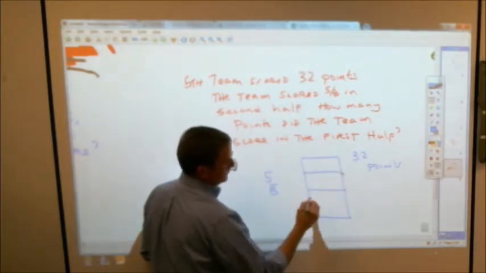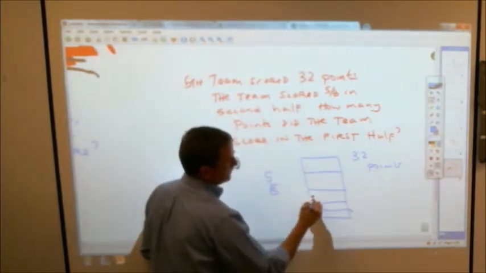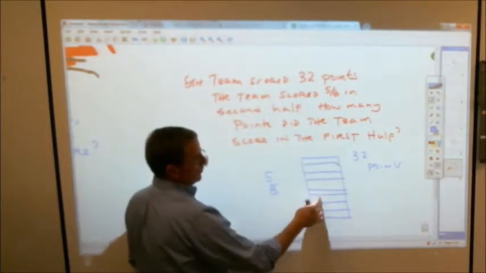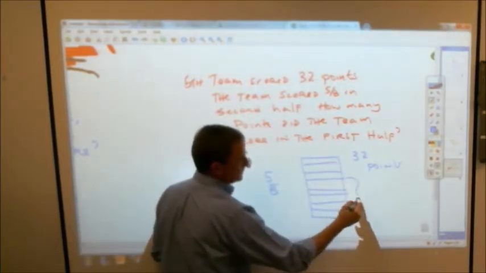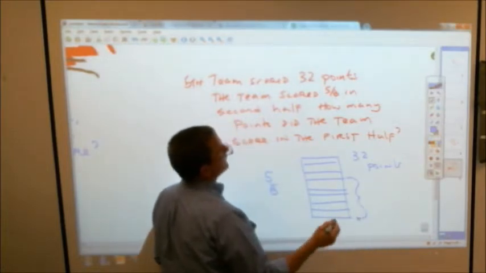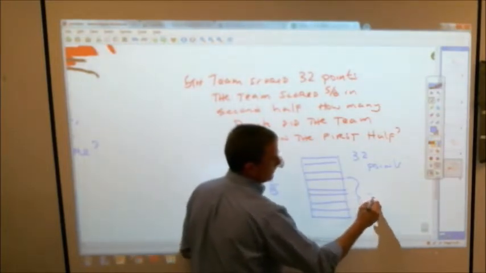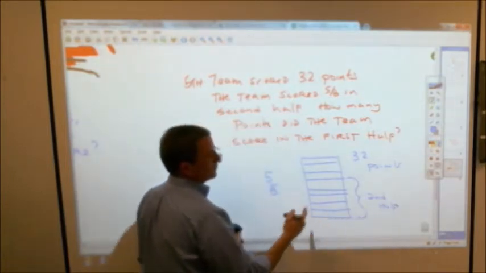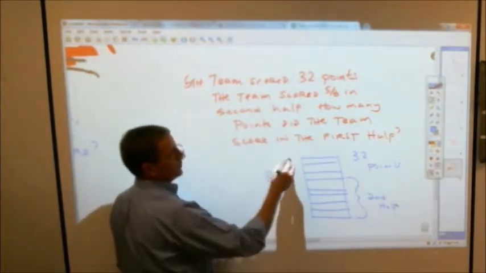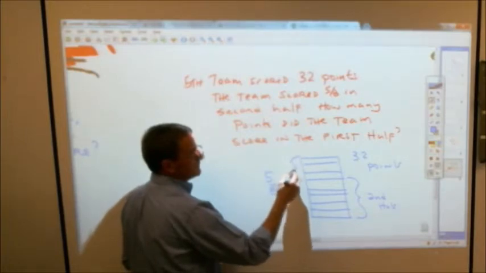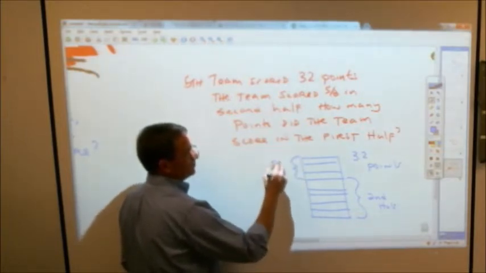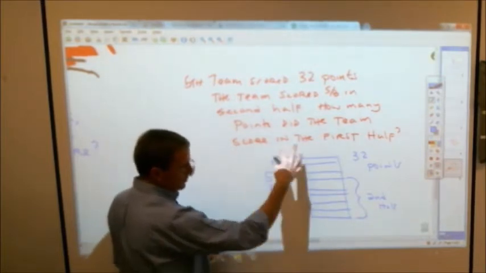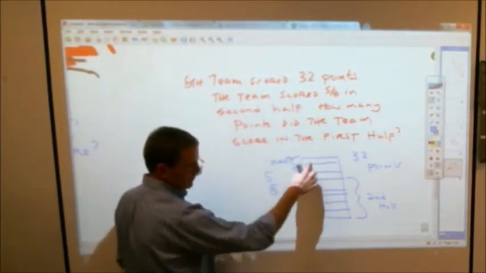If 5/8 were scored in the second half, you know that the other 3 had to be scored in the first half, right? So there's 2 ways you could do this. You could say 3/8 of this number, or you could do it with the 5/8 and then just look to see how many are this.